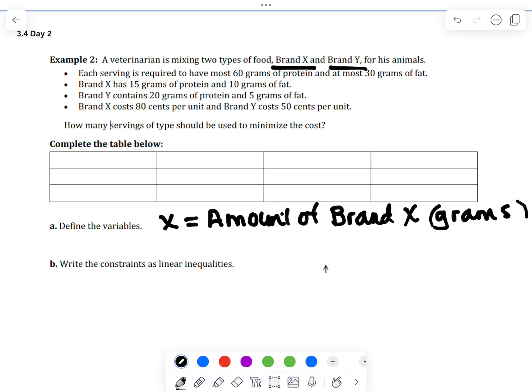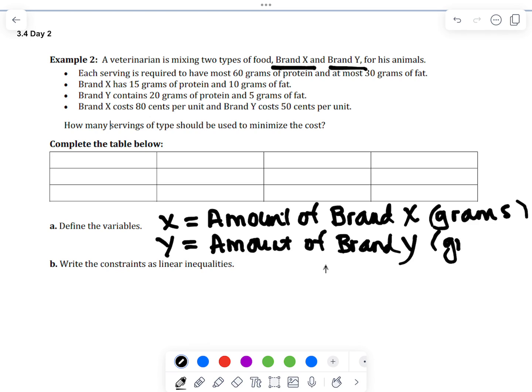And we have brand Y, well, the amount of brand Y in grams. So brand X, brand Y, and then the amount allowed with its max.